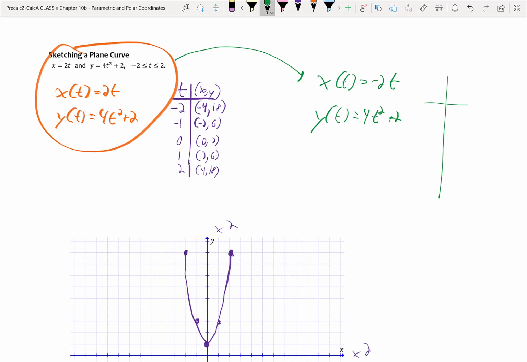If I were to graph this second one, plugging in -2 would give me the ordered pair 4, 18. -1 would give me the ordered pair 2, 6. 0 would still give me 0, 2. 1 would give me -2, 6. And 2 would give me -4, 18. What is the difference between the two of these, even though they've generated the same ordered pairs?